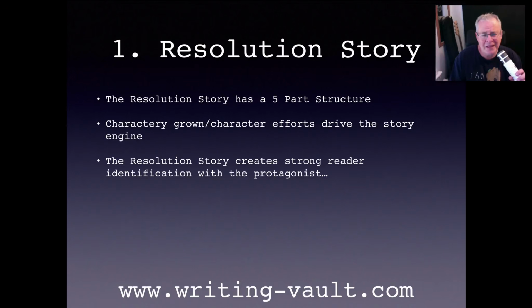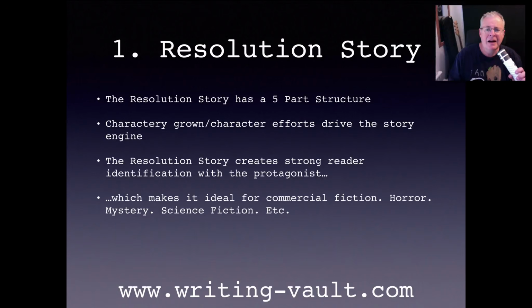Because of this, the resolution story does create a strong sense of reader identification with the protagonist, because the story is based around the character's efforts, his try-fail cycles, to get to a goal and resolve the central story that is at the heart of the story.